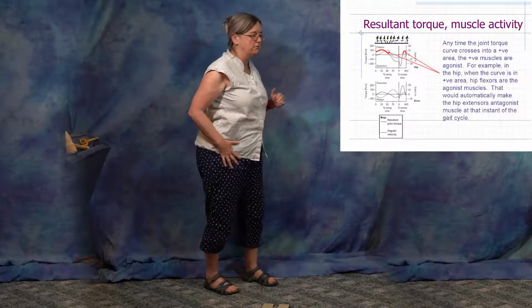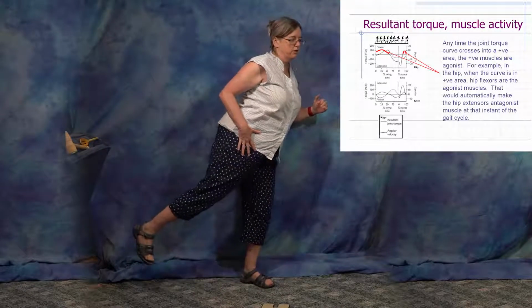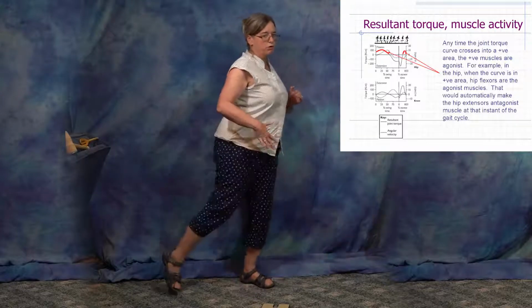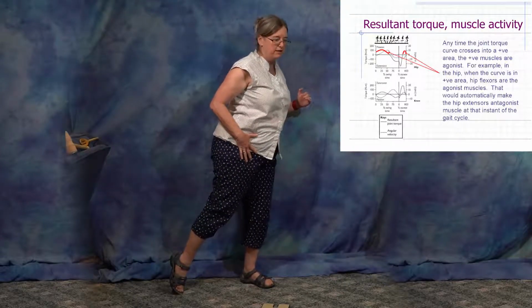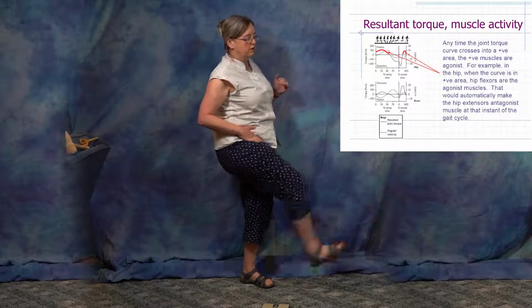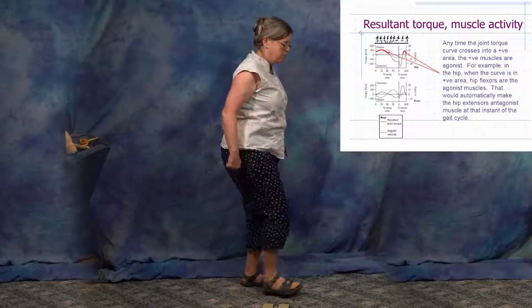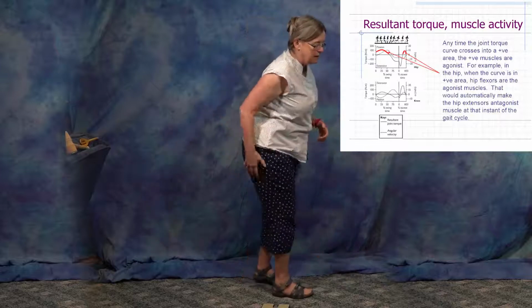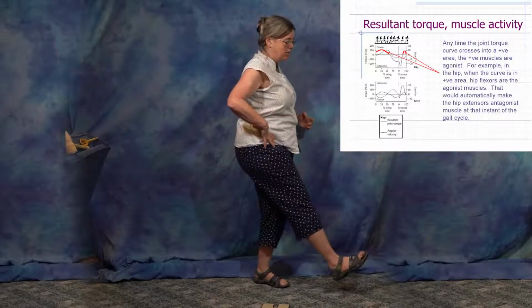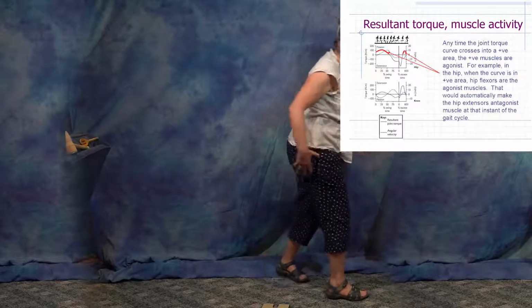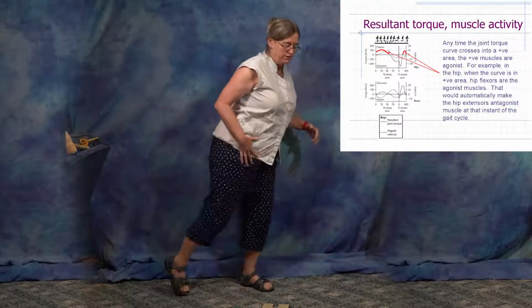And think about it, at the beginning of swing, you're starting to bring your leg through. So you're going to turn on these hip flexors to swing your leg through. And then before the end of swing, you're going to want to slow that hip down, that leg down, so that it can be at a zero velocity when it actually hits the ground. So you're going to start with these hip flexors.